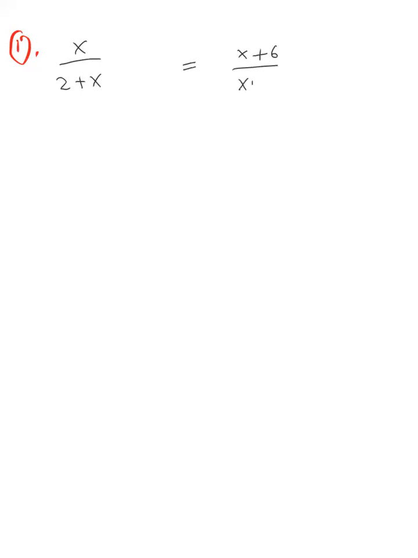And the first step in solving this equation, which has fractions, is to clear the fractions by multiplying by the least common multiple of the denominators, which in this case is 2 plus x and x plus 4. So we're going to multiply every single term in the entire problem by those two things.